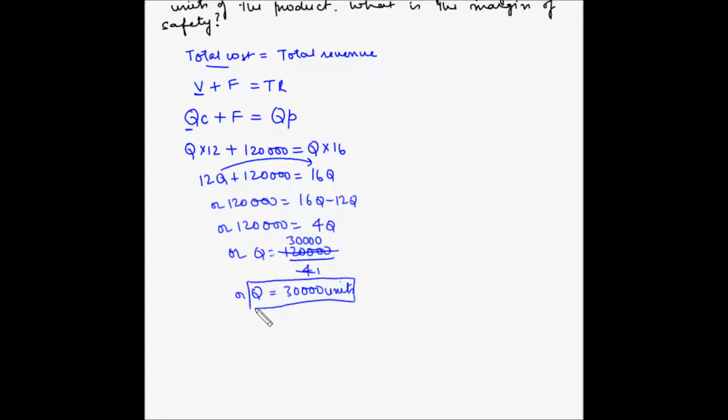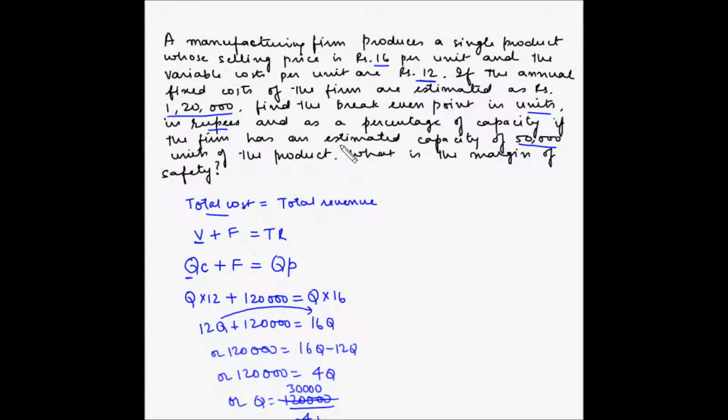So this is the break-even point in terms of units. That means that once the company has produced 30,000 units, then it would have recovered all its cost and it would be at a no profit, no loss situation. So we have already found the break-even point in terms of units.